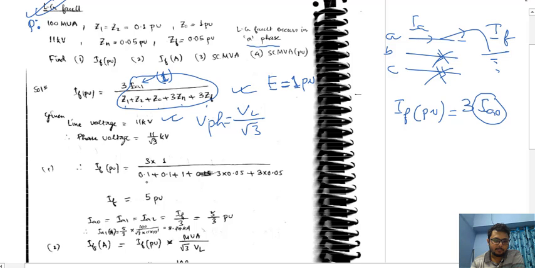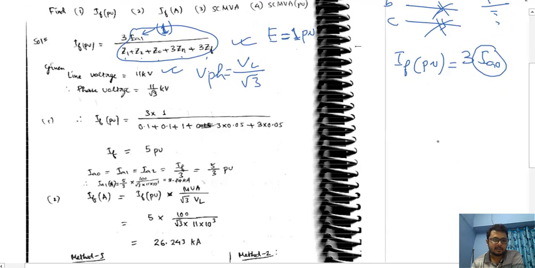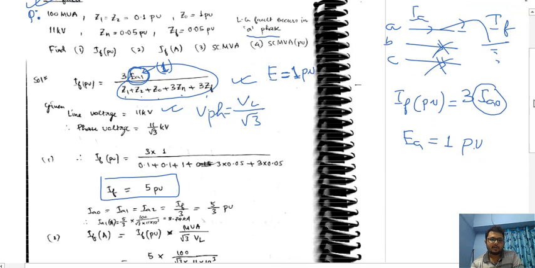So 3 into 1, 0.1, 0.1, here 1 because it is given, 3 times Zn and 3 times Zf. Everything is given. So IF we got 5 per unit. Is it clear or not? Here you have to take care of the value of EA1. EA1 equals 1 per unit always. Is it clear? Because per unit values they will never give. You have to consider, this is the rule. We always consider 1 per unit for the generator.